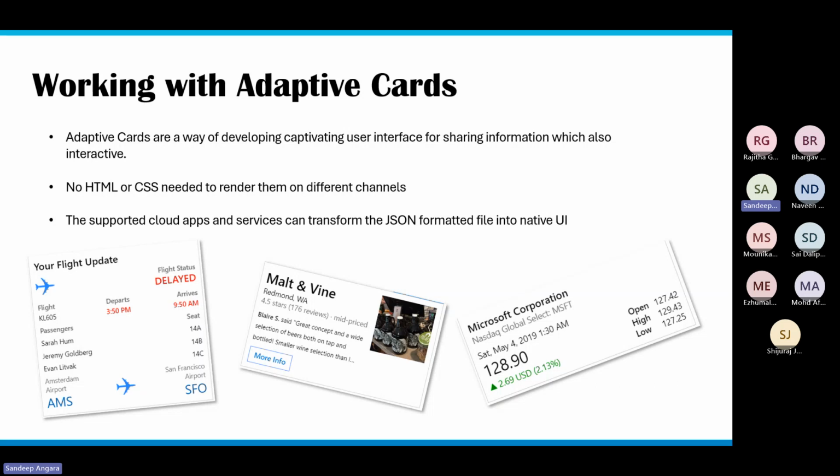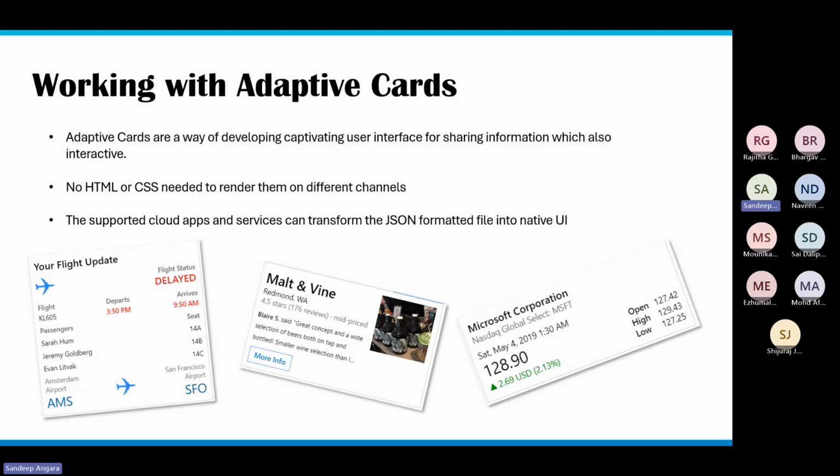So to work with adaptive cards, as these are UI rich cards, you might be thinking there might be a need for exposure to web technologies like HTML, CSS, or JavaScript, which is not true, because these are not related to web technologies at all. We just need the actual designer, and we can get things done with adaptive cards.